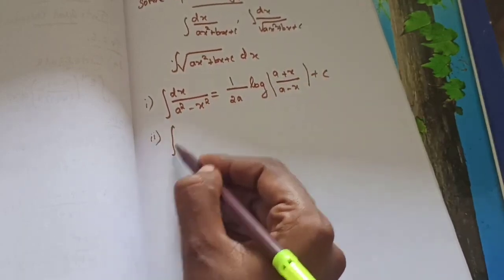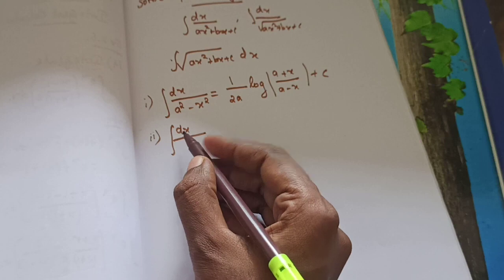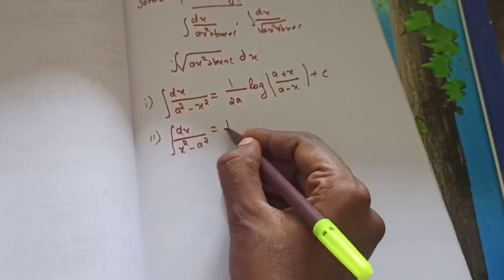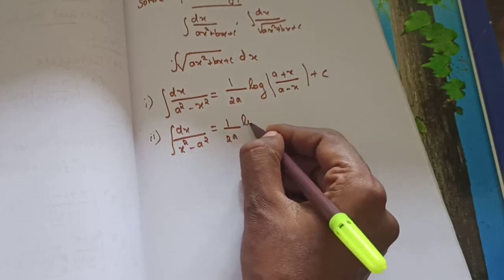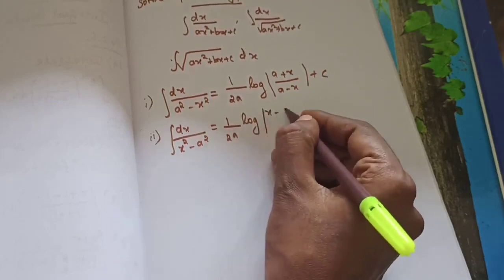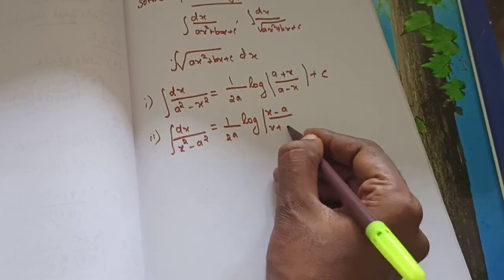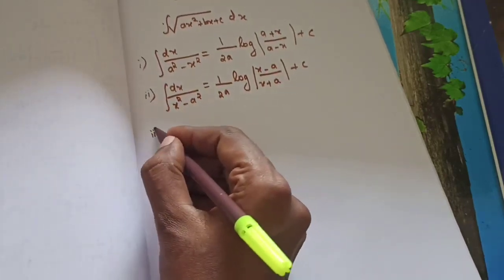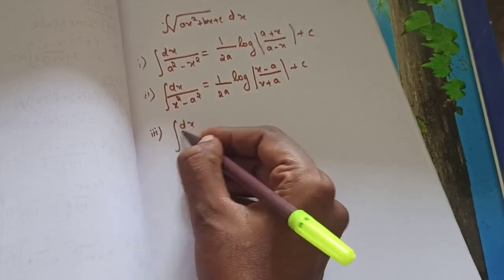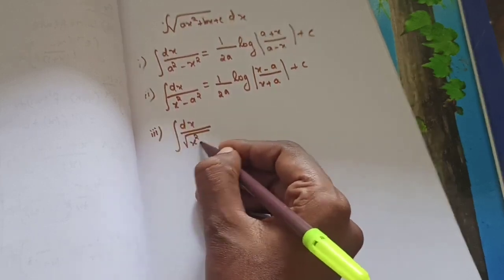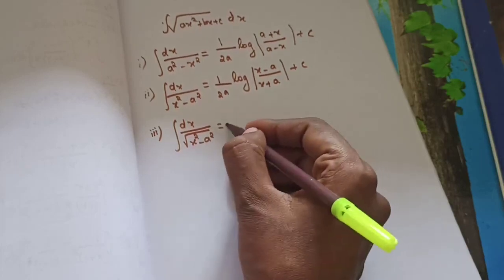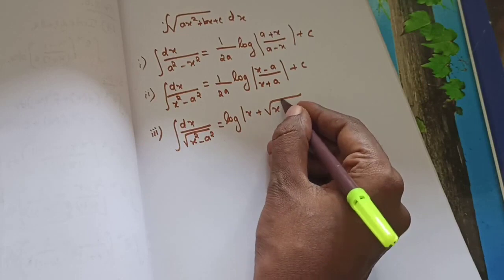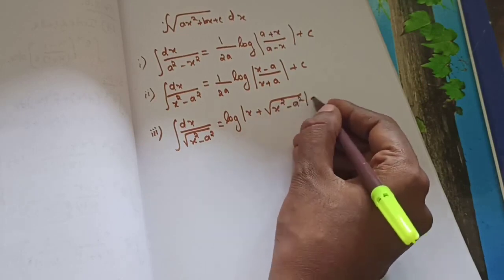Second formula is integral of dx divided by x square minus a square is equal to 1 by 2a into log of mod x minus a divided by x plus a plus c.